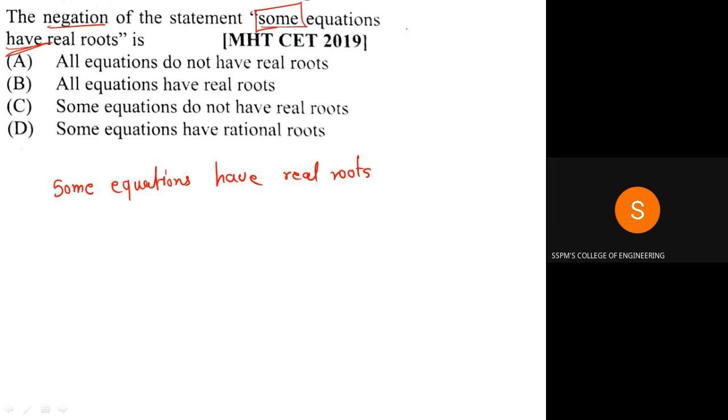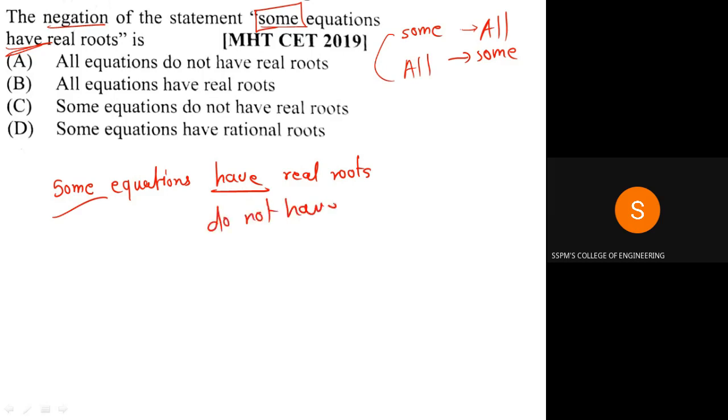So see what you have to remember here. Negation of "some" is "all", and "all" becomes "some". This is the negation of these words. So in place of "have" we will write "do not have". So "some" becomes "all".